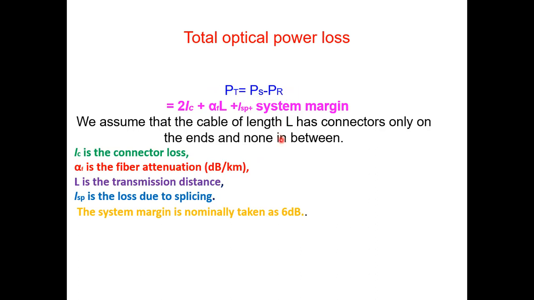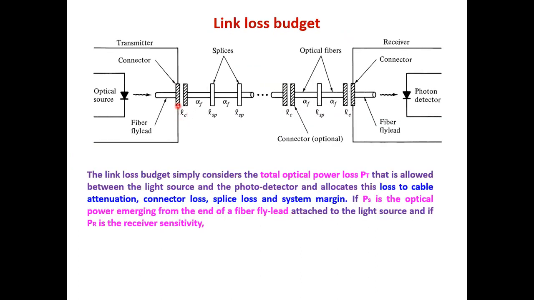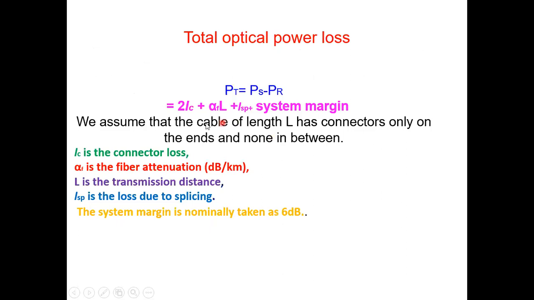And if I see this particular diagram, where is that total loss going? Here it is written 2LC. Why 2LC? Here I had one connector, here I had one connector. So your total loss was going into these two connectors. So 2LC plus the cable loss.